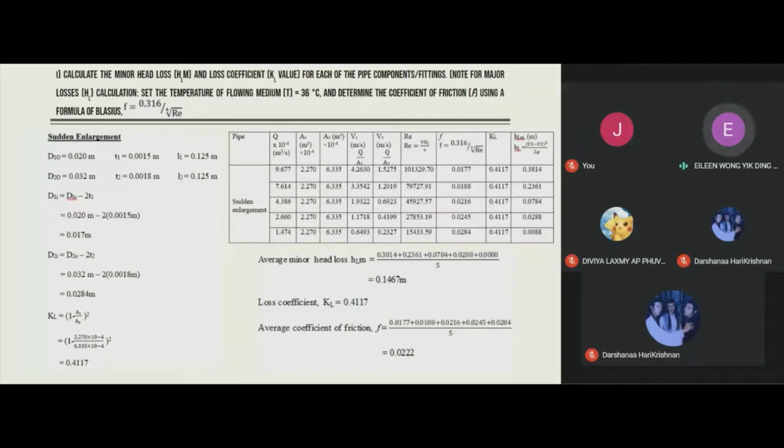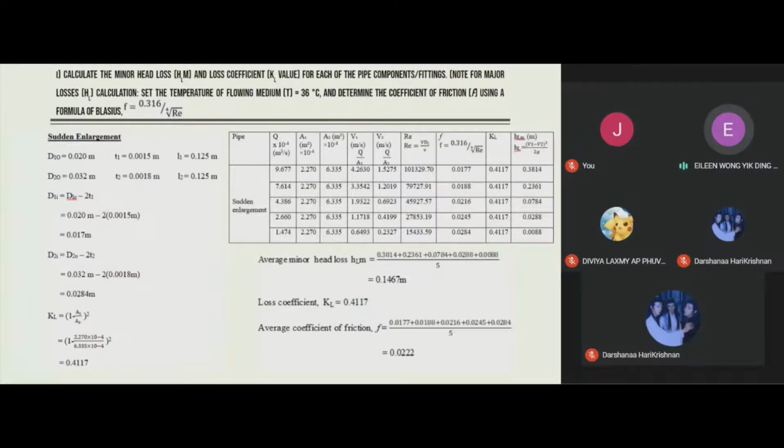So for the sudden enlargement, the first outer diameter is 0.02 meter and T1 is 0.0015 meter. For the second, outer diameter is 0.032 meter and T2 is equal to 0.0018 meter.